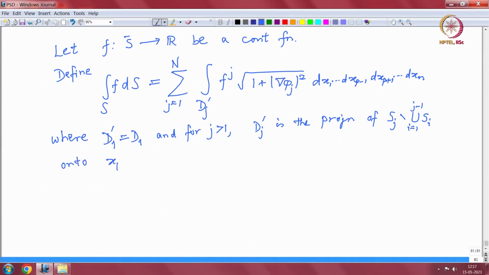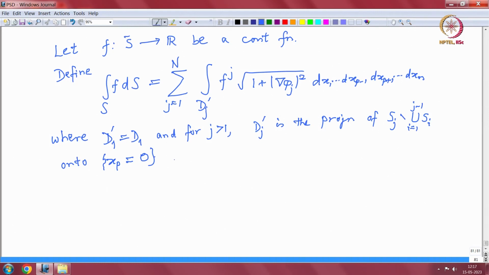So remember, p depends on j, onto this hyperplane. Okay. In that way we avoid overlapping. Okay. And then we take the corresponding gradient square there.